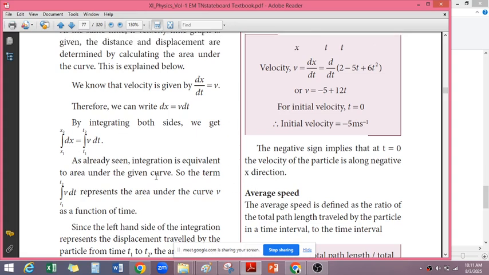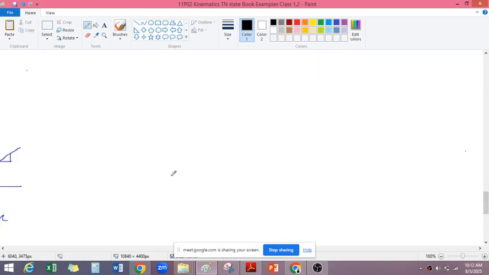So in the concept part we can study it, we can talk about this. So velocity is equal to dx by dt. Similarly, acceleration is equal to dv by dt. So x is your displacement.